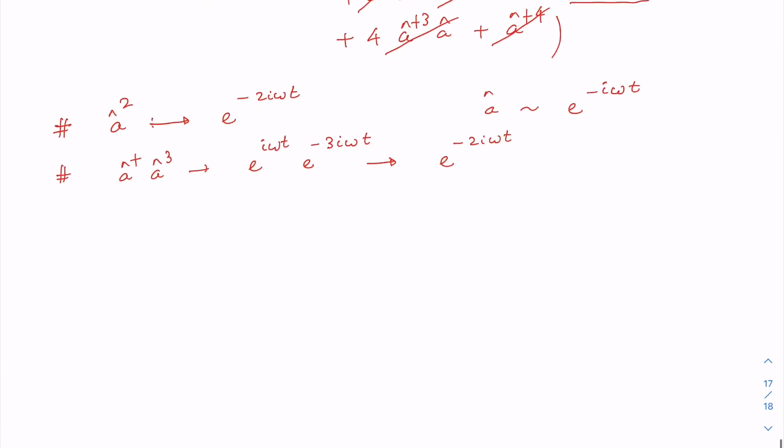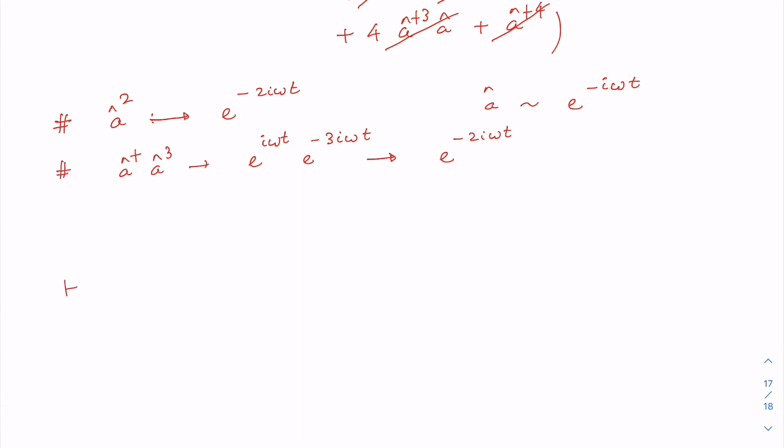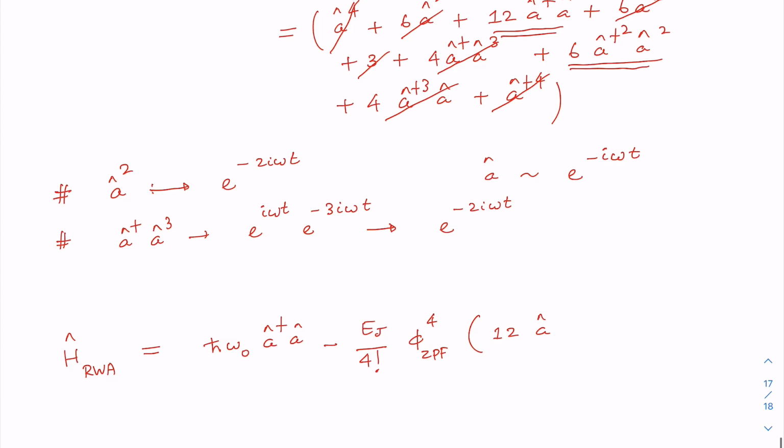So therefore, using that, we can write down the RWA Hamiltonian, the Hamiltonian for the transmon under rotating wave approximation, as h cross omega 0 a dagger a minus Ej by 4 factorial phi ZPF to the power 4, and here we have the term 12 a dagger a plus 6 a dagger square a square.